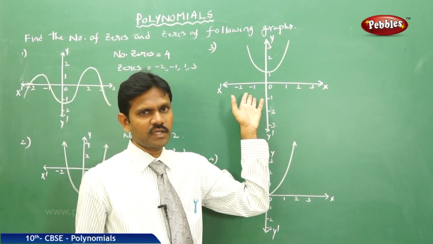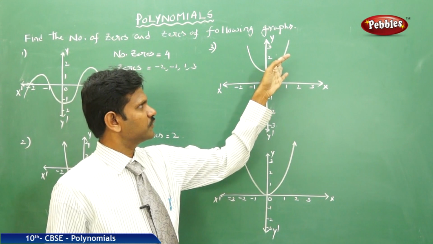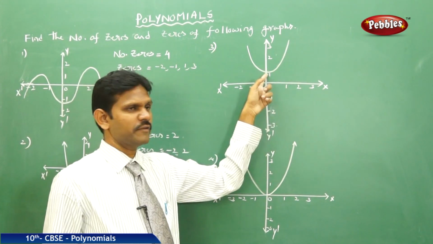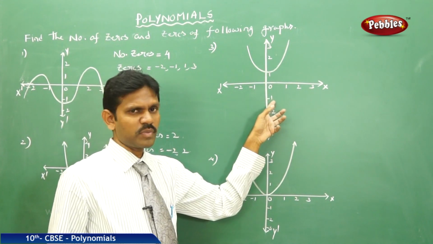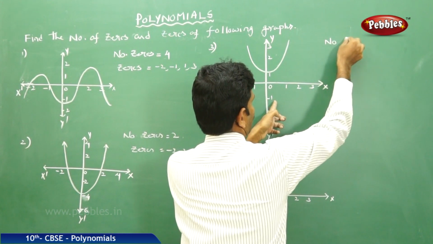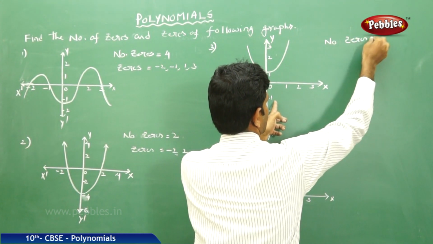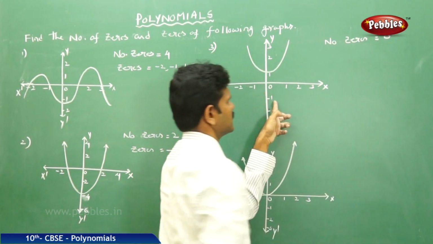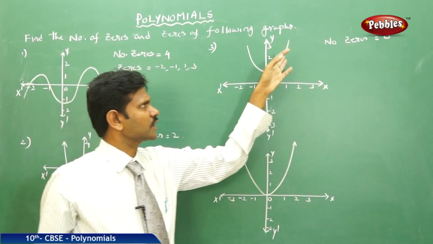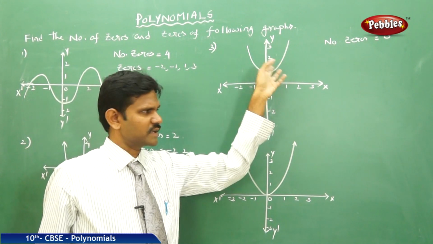Similarly, from example 3, the graph does not touch the x-axis at any point, it touches only the y-axis. Therefore, the number of zeros is 0. Because the number of zeros is 0, it is unable to touch the x-axis.